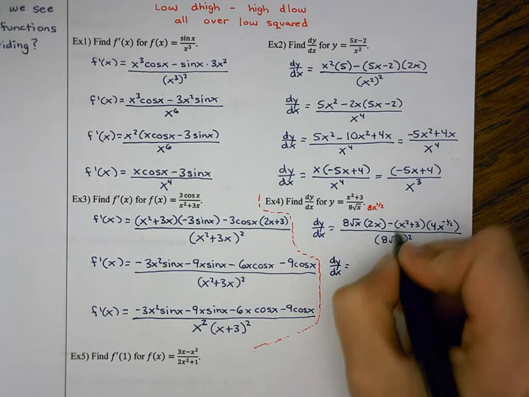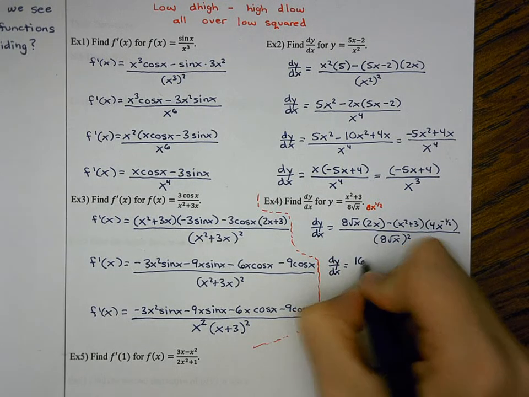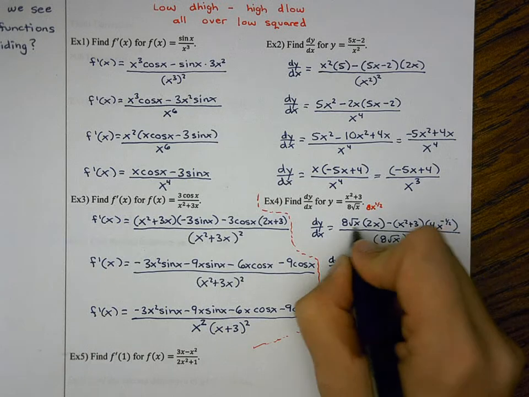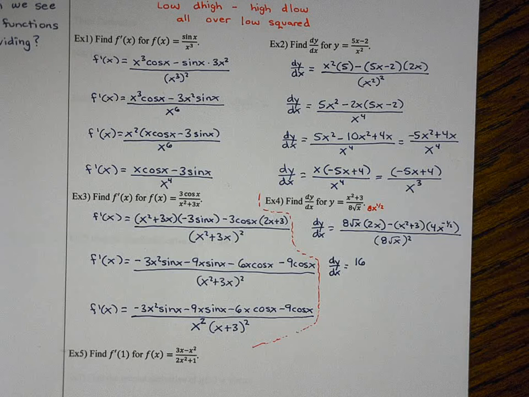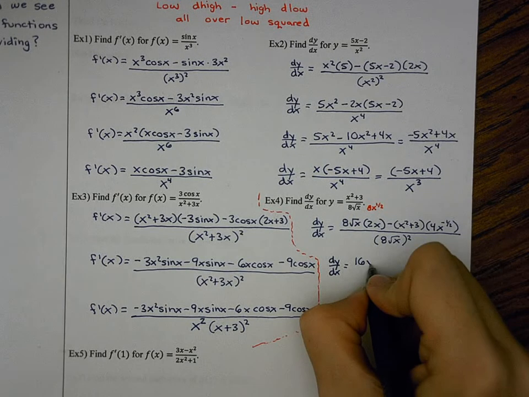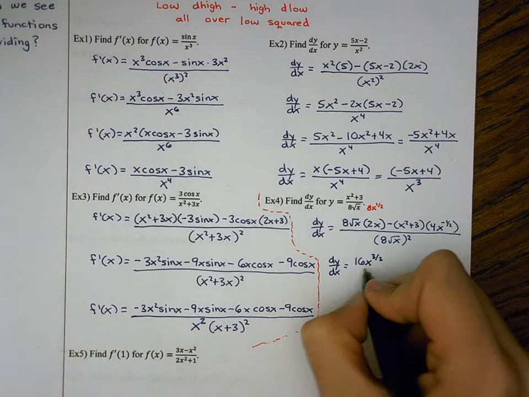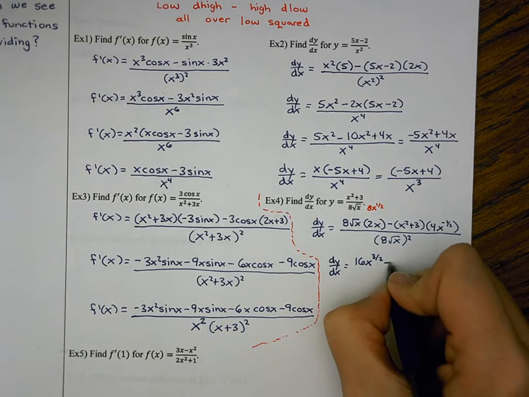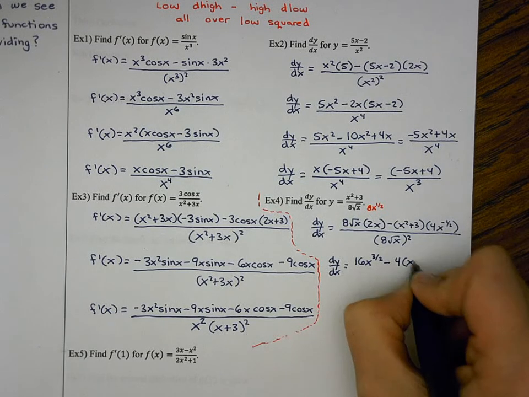Well, they could have, first of all, I'd start with cleaning this up. So this would be 16x times root x. Remember, when you multiply like bases, what do you do to their exponents? You add them, right? So this would be 1 plus 1/2, which is 1.5. And then over here, we'd have our minus 4, right, that 4 there, the x squared plus 3.